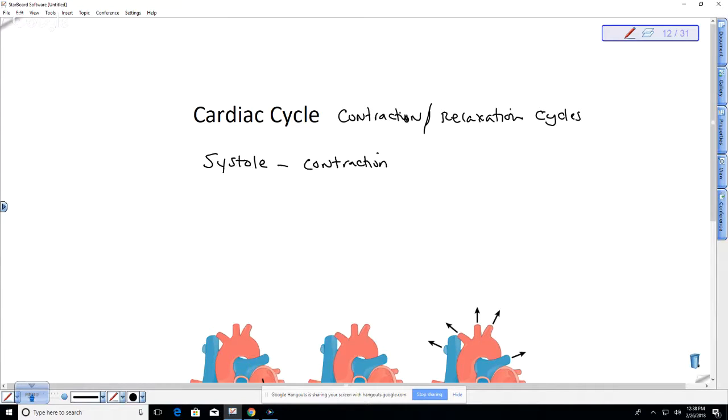So when we're looking at systolic blood pressure, this is due to the ventricles contracting. Systolic blood pressure is when the ventricles contract.